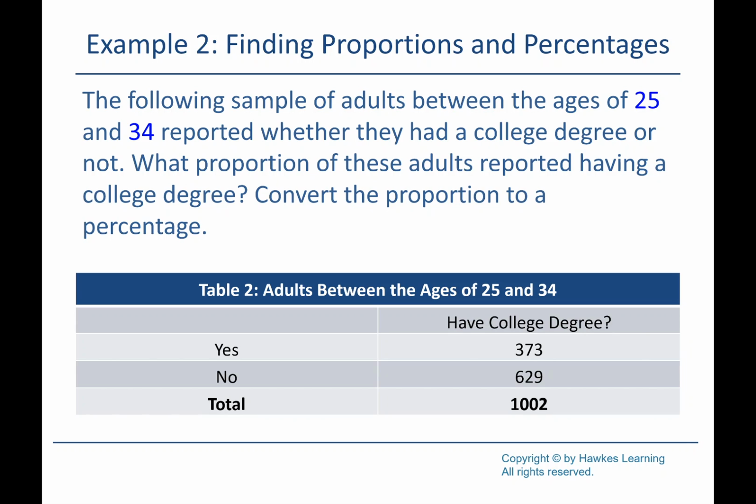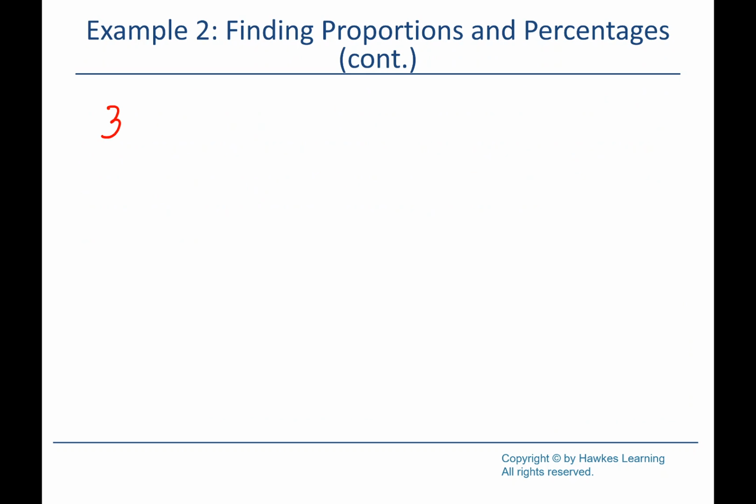Okay, so we want that number, 373, out of the total 1,002. Okay, so there's our proportion, 373 out of 1,002. And then we will divide that, 373 divided by 1,002.